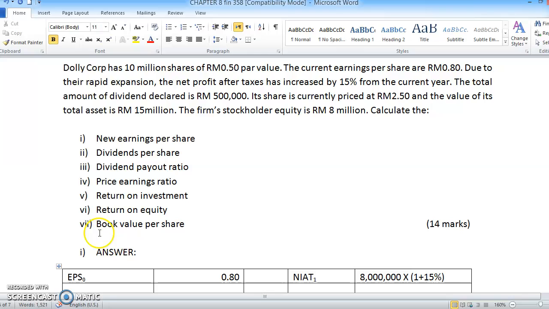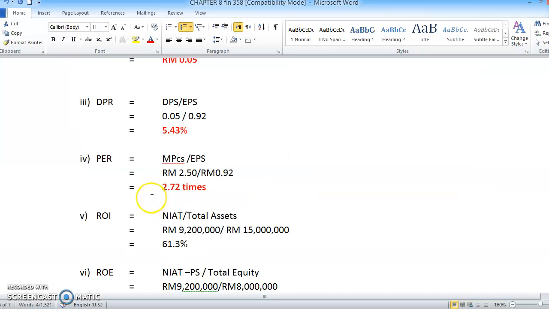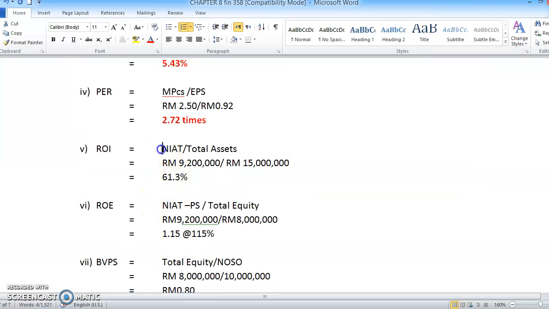Okay, next question adalah return on investment. So what is the ROI? So ROI is calculated by net income after tax divided by the total asset. So we do know the one that we have calculated earlier, the net income after tax, you kena ambil yang baru ya.